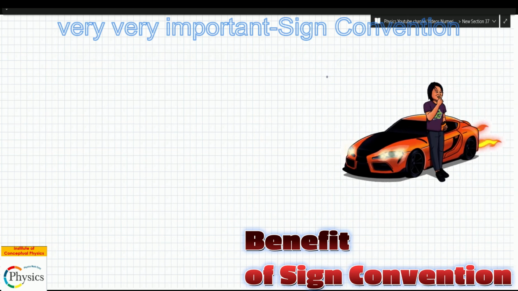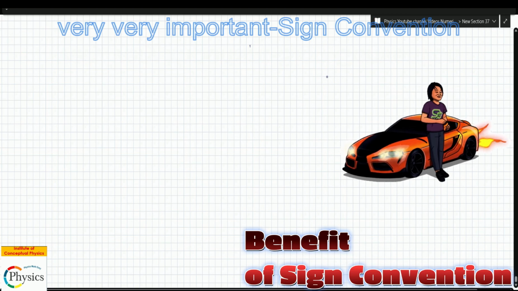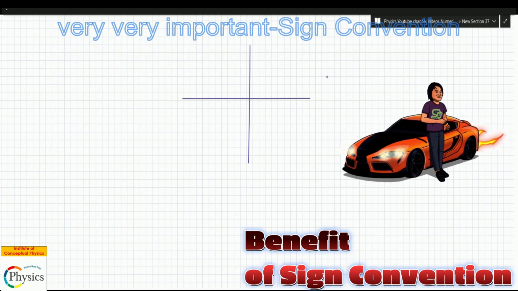Sign convention says that if you have a situation like this, the first thing you have to do is identify the origin. All the physical quantities which are upward will be treated as positive. All the physical quantities which are downward with respect to the origin will be treated as negative.